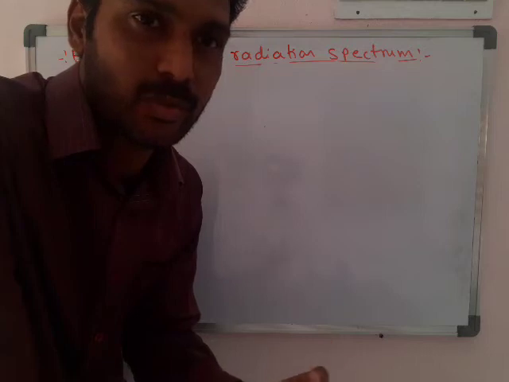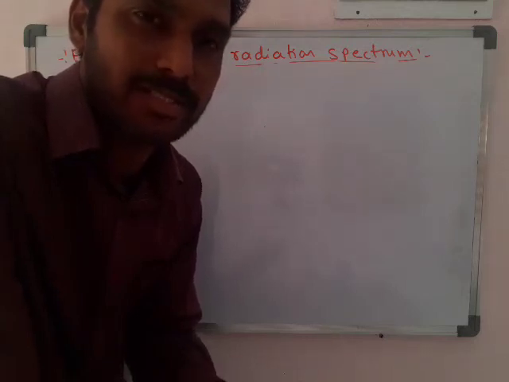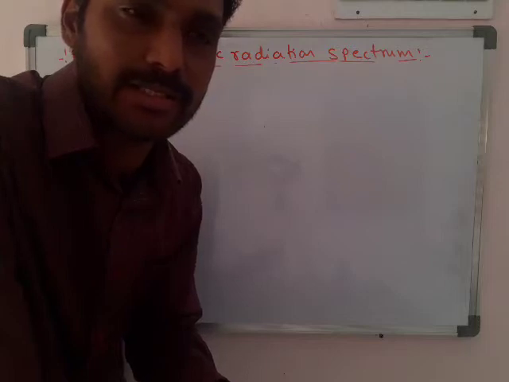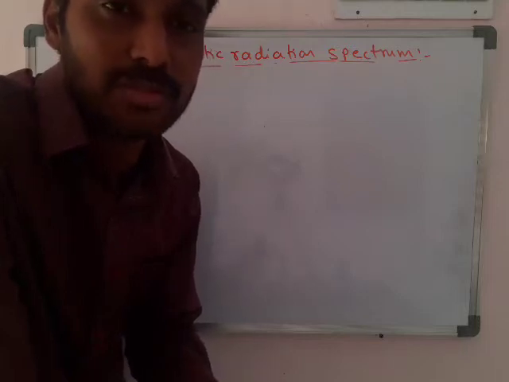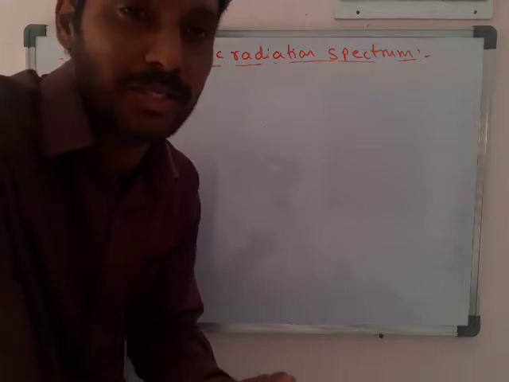We already know there are different types of electromagnetic radiations, which we discussed in the last class: X-rays, gamma rays, cosmic rays, ultraviolet rays, radio waves, visible rays, microwaves.